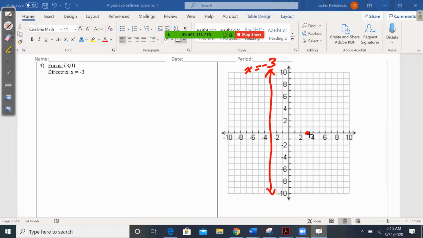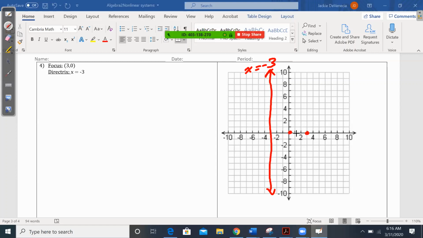All right, so if I just want to find whatever is in the middle, I'm going to count the spaces. 1, 2, 3, 4, 5, 6. 6 spaces. And I want to find half of 6. So that's 3. So 1, 2, 3. Okay, so my vertex is at the origin right over here.